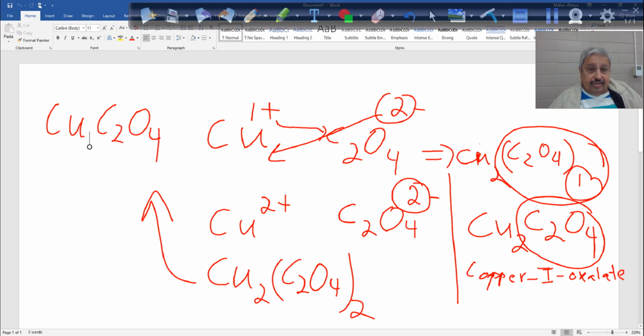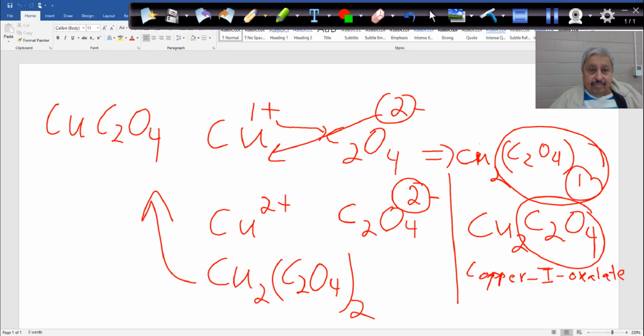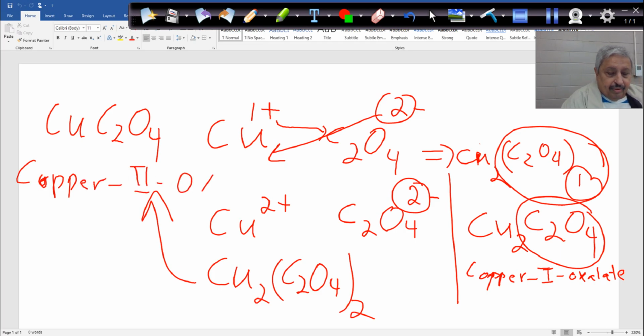So the name of it will be copper 2 oxalate. Copper 2 oxalate. Are you following?